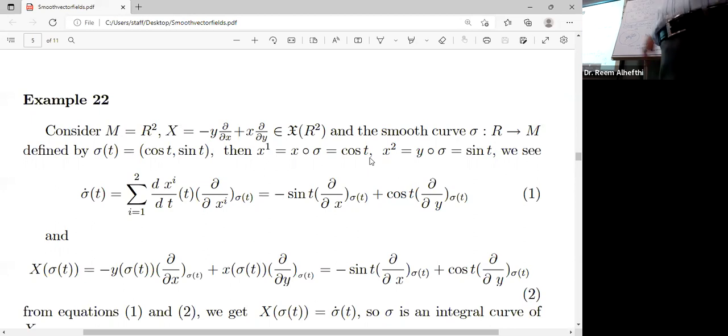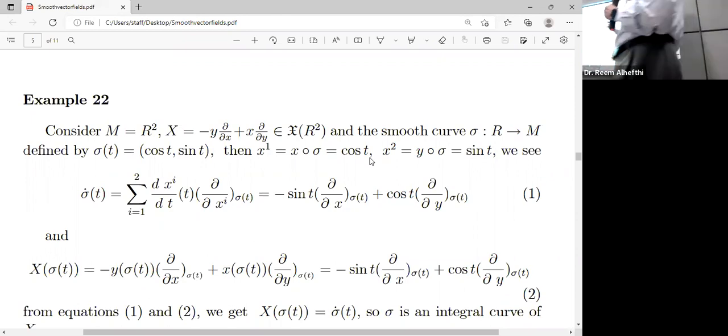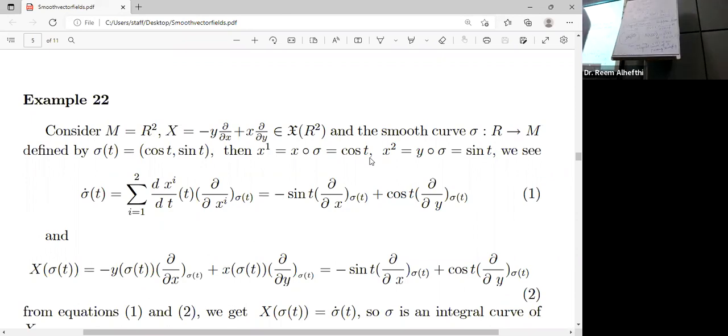Here is an easy example. One can read the example, and if you can see the things properly, you will get the notion. Here I took a vector field in R2 and a circle in R2.